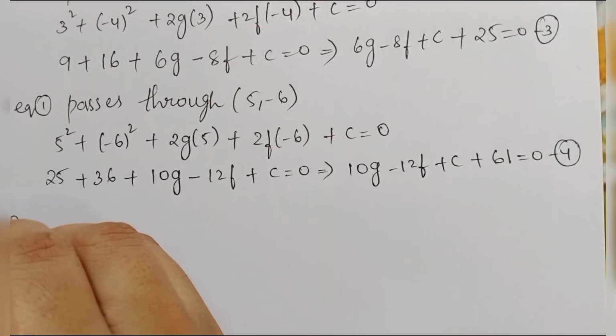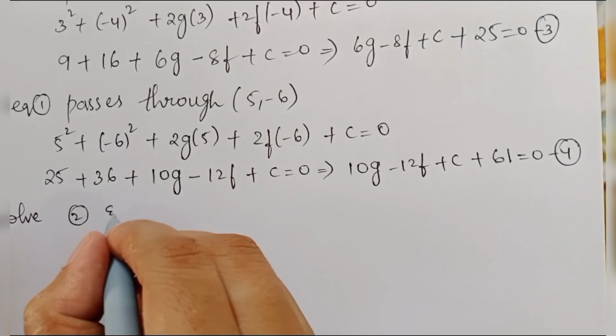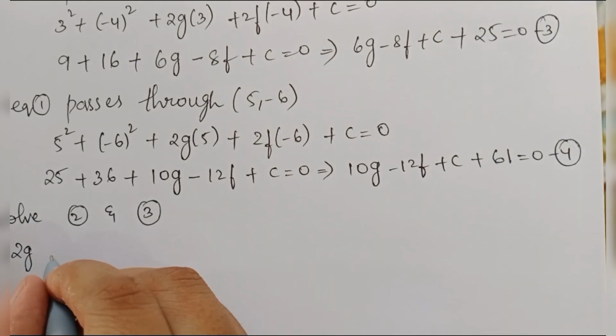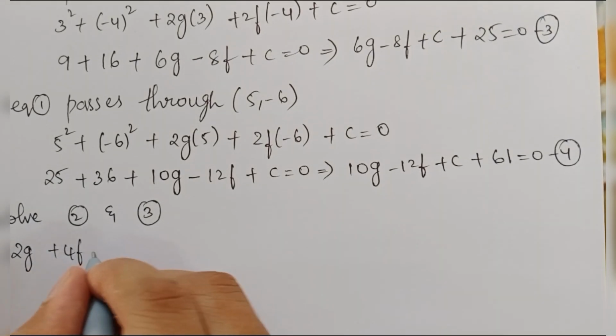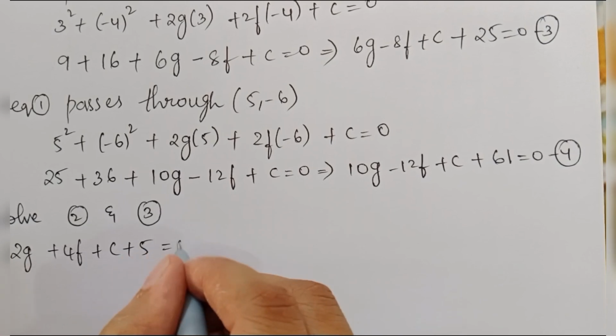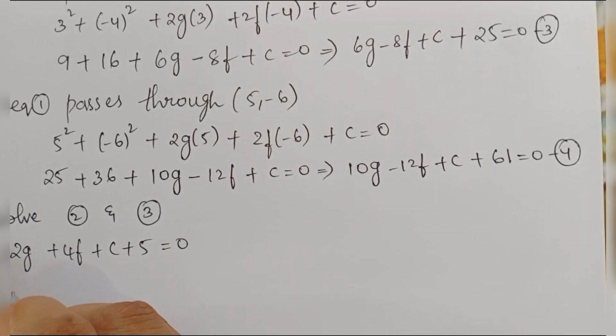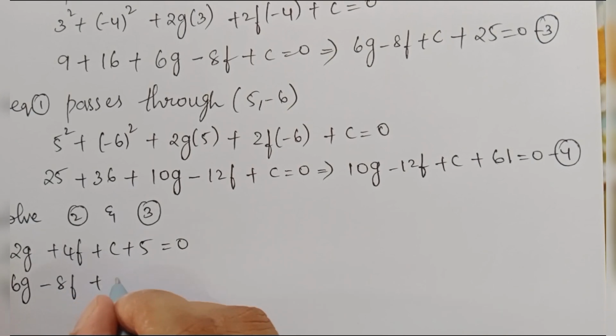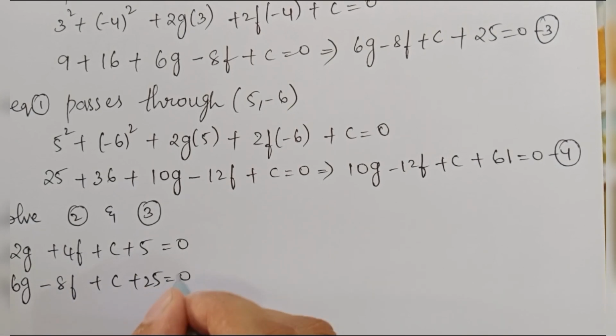Now solve equations 2 and 3. So the second equation is 2g plus 4f plus c plus 5 equals to 0 and equation 3 is 6g minus 8f plus c plus 25 equals to 0. Subtracting both, so the sign gets changed.